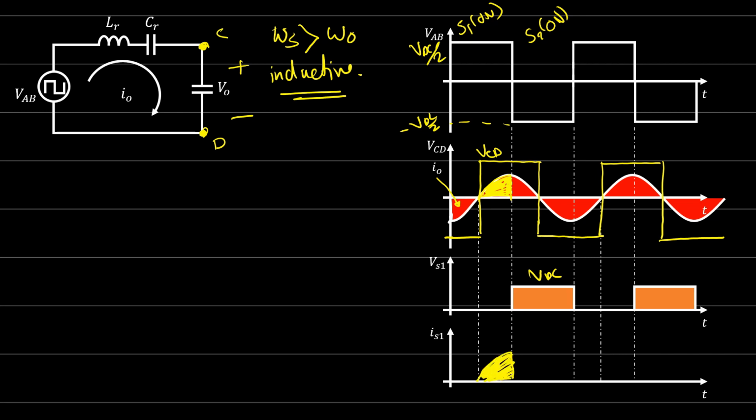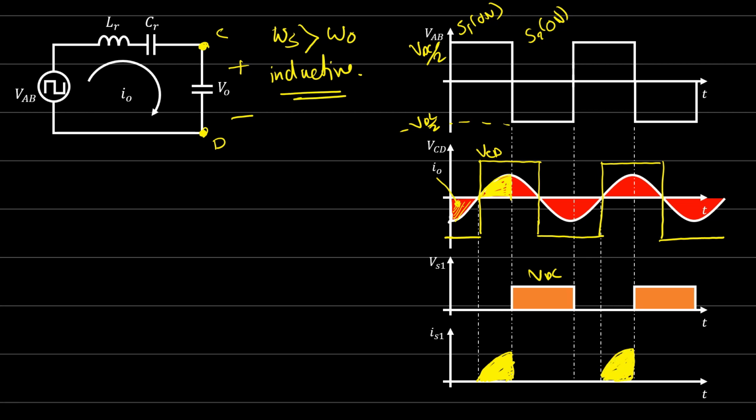So this is the current flowing through switch 1. Now in here the current is negative. Switch 1 is on, but the current is negative, not positive, so the current will not flow through switch 1. It will be through diode 2, right? Here the same thing. The current will be this portion.